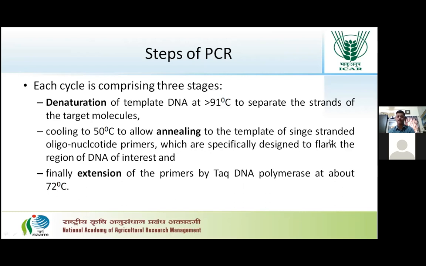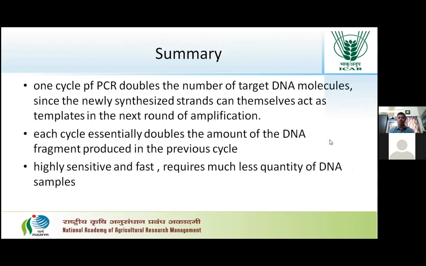The temperature of annealing is generally about 50 degrees Celsius, where the single-stranded oligonucleotide primers, which are specifically designed to flank the region of DNA of interest, bind. And the final stage is extension or final extension, where the primers are extended by DNA polymerase, which is used to tag at 72 degrees Celsius.